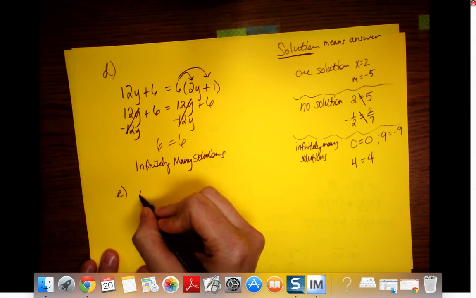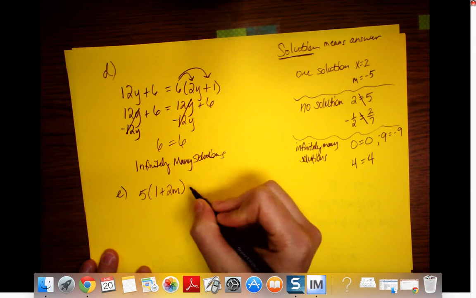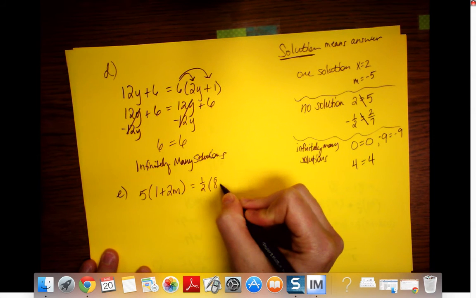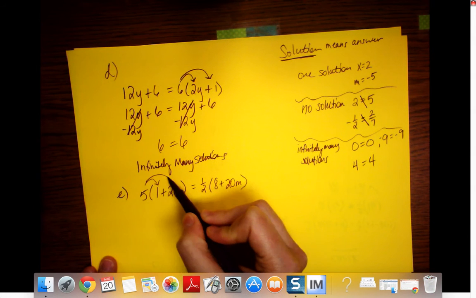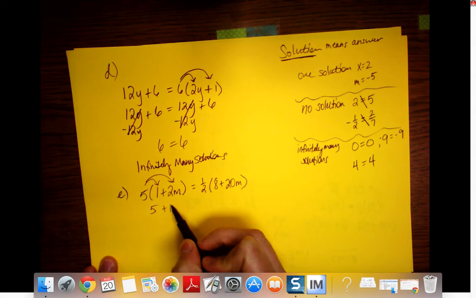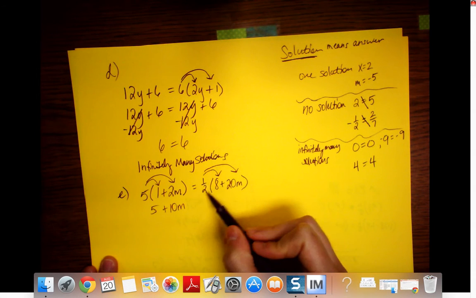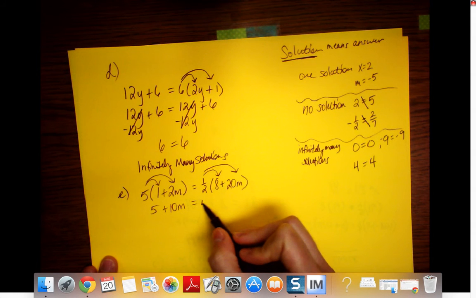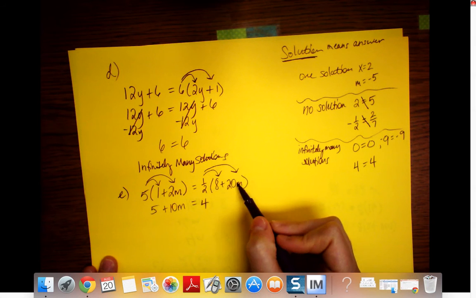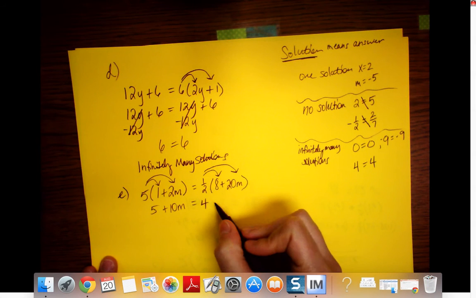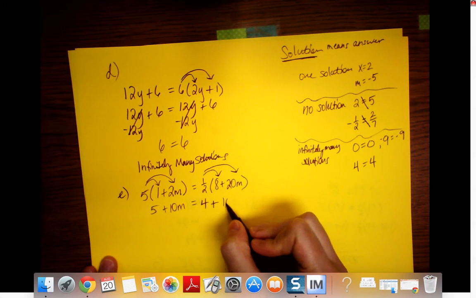Okay, I'll do 5 times (1 plus 2m) is 1/2 times (8 plus 20m). So remember the distributive property. It's 5 plus 10m. 1/2 times 8 is 4, because 8 divided by 2 is 4. And then 1/2 of 20 is 10. So 1/2 times positive 20m will be 10m.